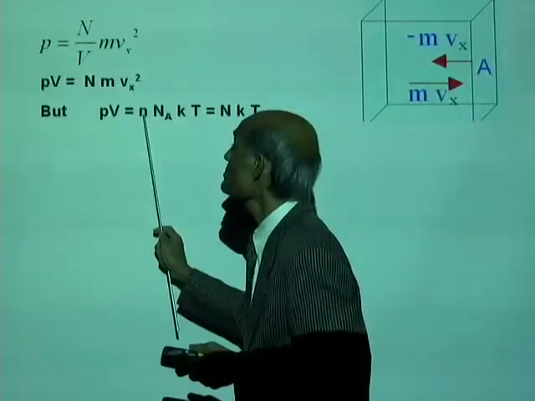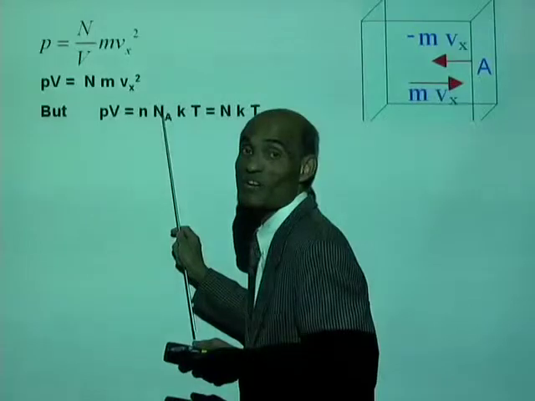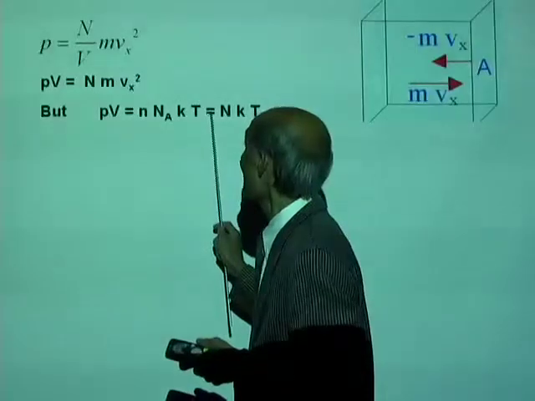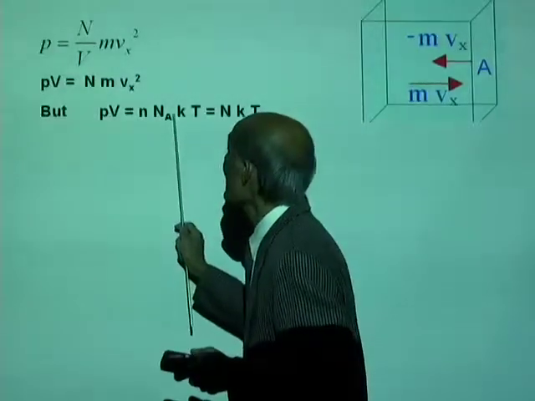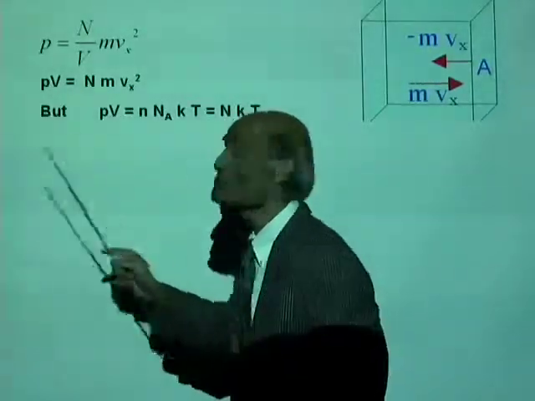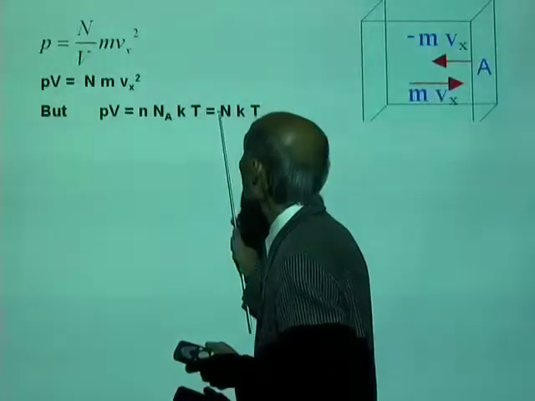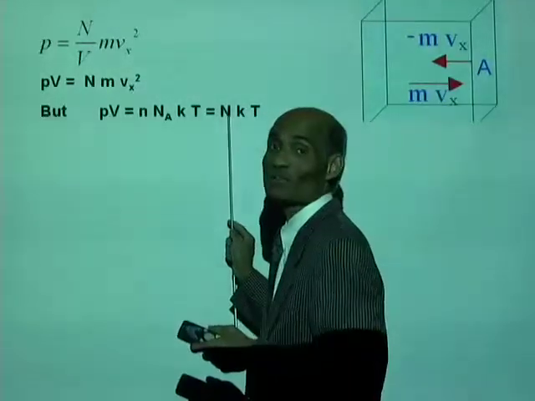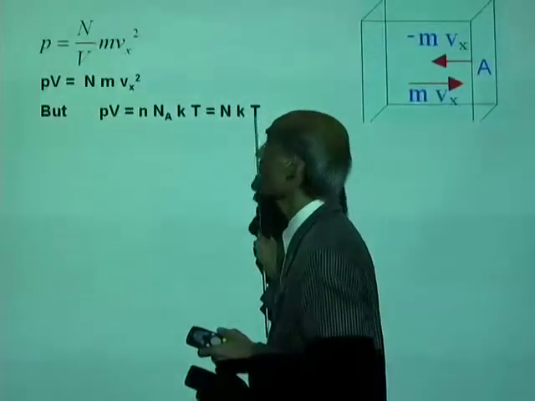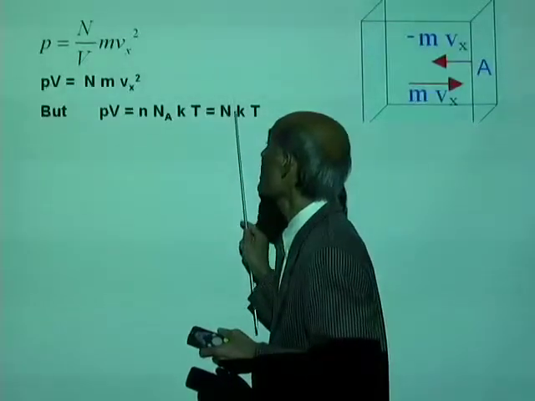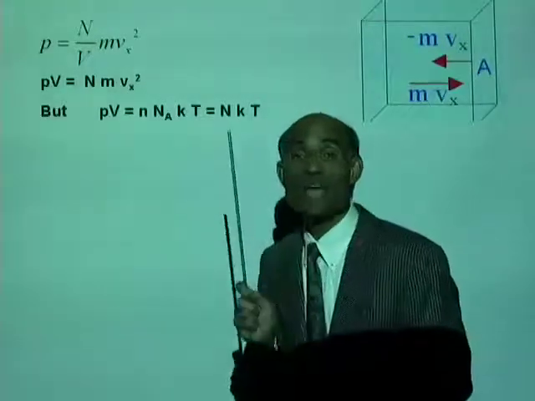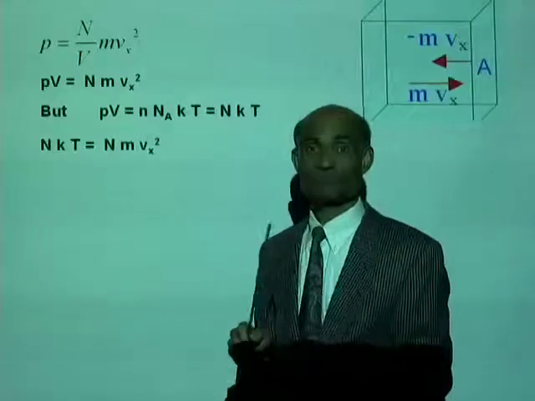So PV equals n, the number of moles, Na, Avogadro's number, k, the Boltzmann constant, times T. That is equal to n times Na, the number of moles multiplied by the number of molecules per mole. n times Na is the total number of molecules. So what do we have now? We have PV equals NkT, where N is the total number of molecules, k is the Boltzmann constant, T is the absolute temperature of the gas.